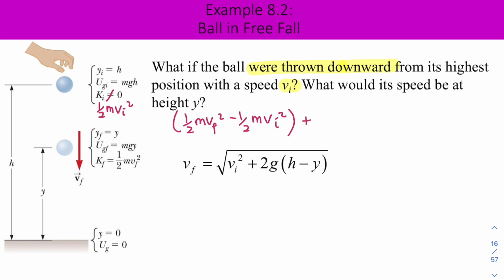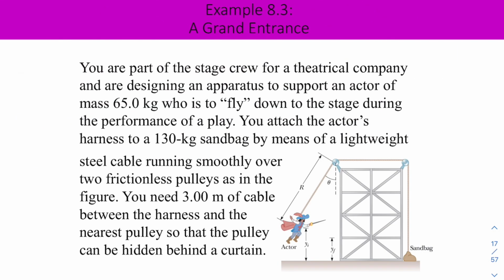This is delta K, plus delta U, mg y final minus mg y initial, which is equivalent to 0. This is our delta U. If you consider the ball-Earth system, then rearrange this, you will get this formula.